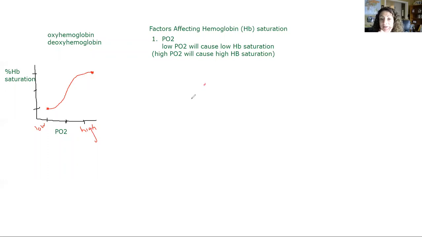That's different from if you draw the curve like this, that would be incorrect because this means there's a rapid drop off at first and then it slows down, which is not right. There's a slow drop off at first and then it drops off quickly. So this is called the hemoglobin saturation curve.